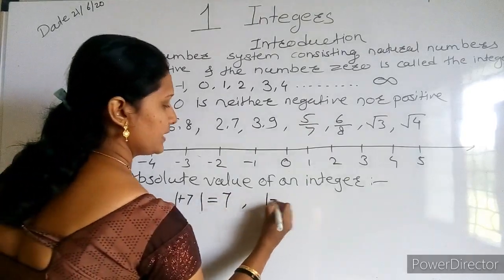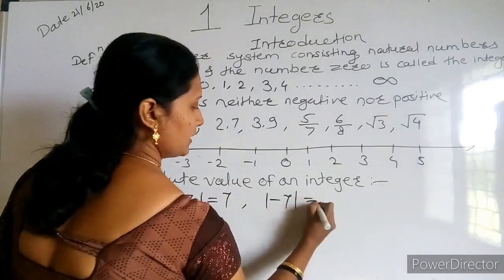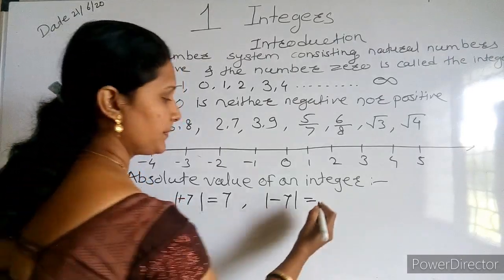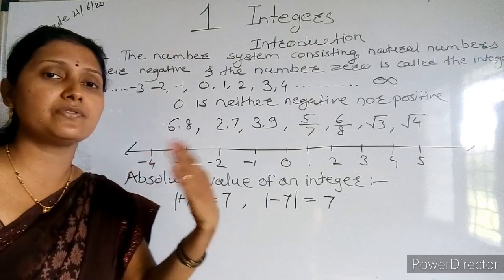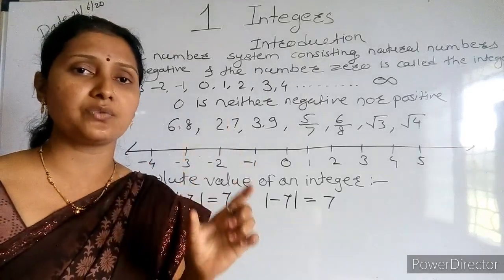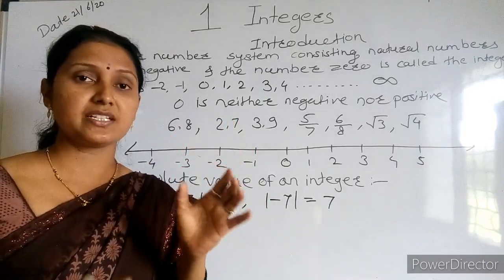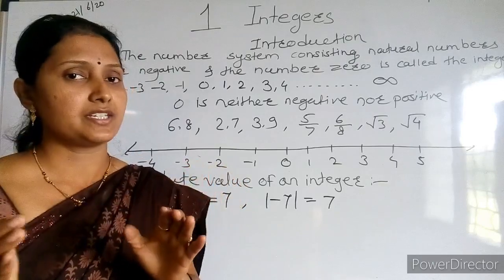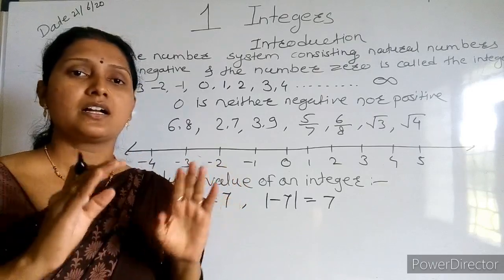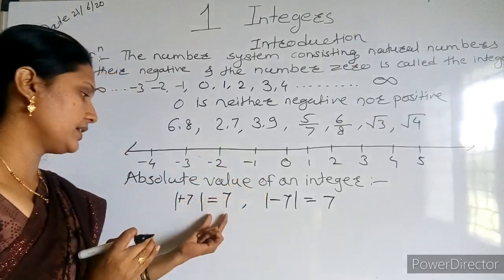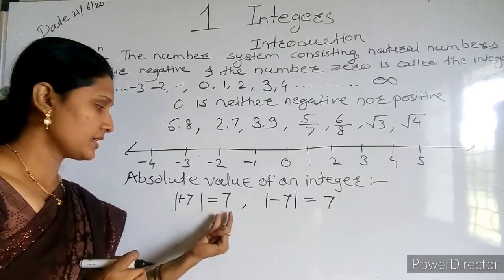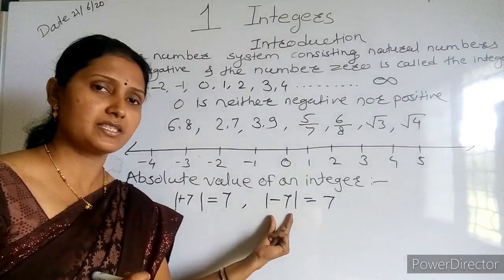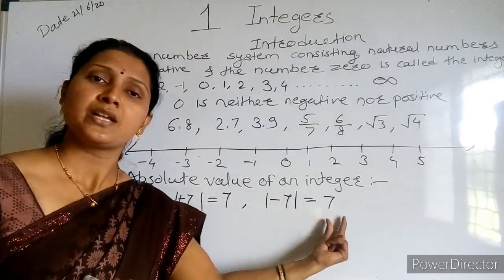And if it is -7, then when it comes out of the bar notation, it is only 7. Absolute value means we write down only its numerical value, regardless of sign. It is not affected by the minus sign. So |+7| is equal to 7, and |-7| is also equal to 7.